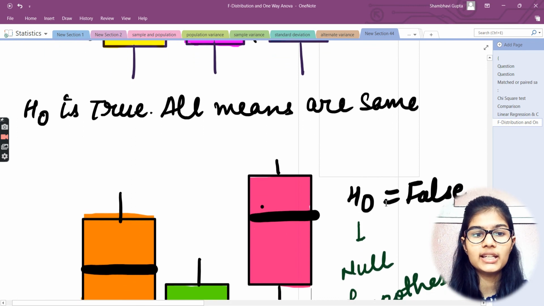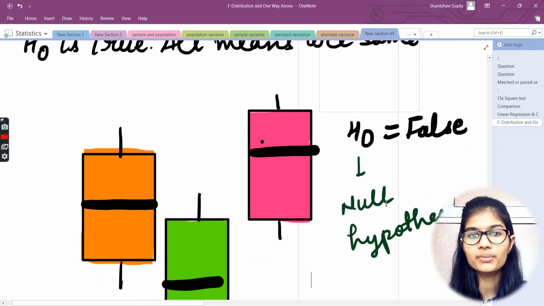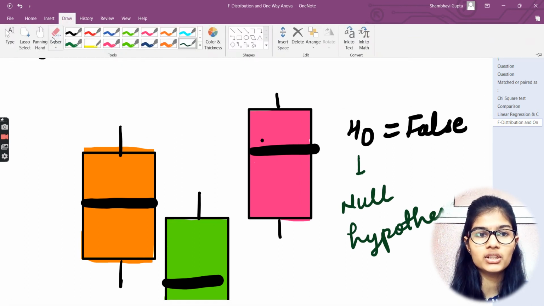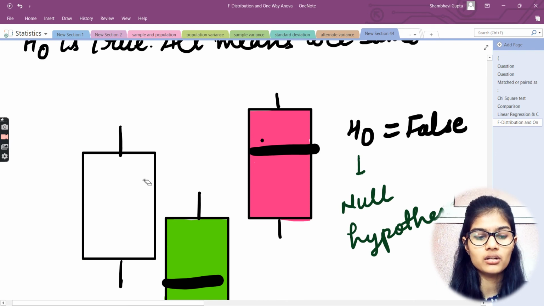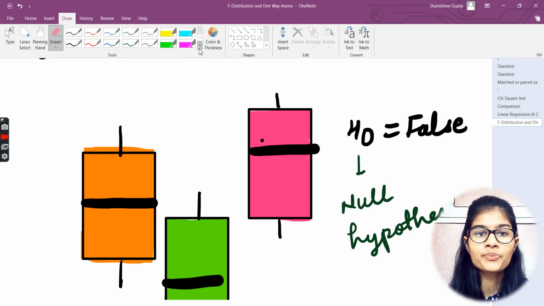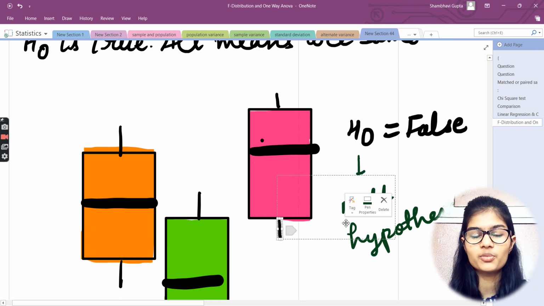So in that case, we say that H0 is true, and if H0 is true, all the means will be similar to each other. Right, next I had made this plot for the alternate hypothesis.